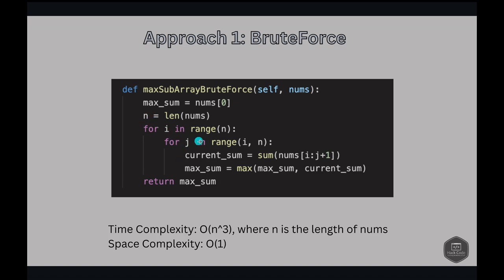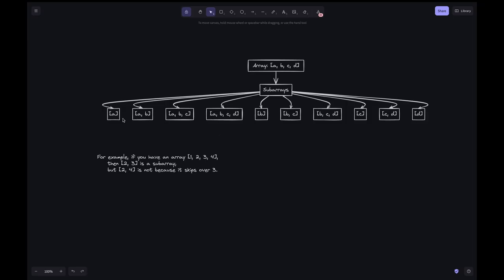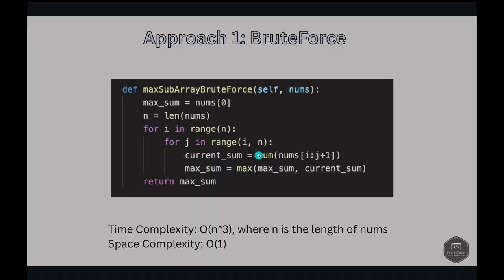We iterate over two loops here. Remember, we're doing for i, then for j in range i, because as we saw in the earlier example, A is also a subarray of ABCD. To cover that case, we start j with i. Here the current sum is the sum of nums of i to j plus 1.